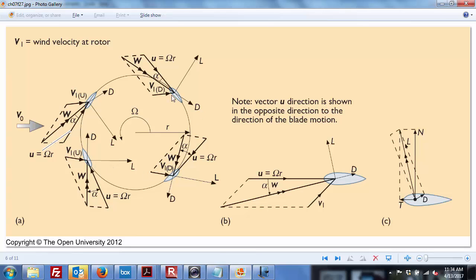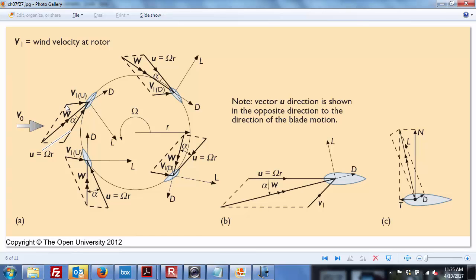At every single point along the circular path, the lift and drag coefficients change. This is the equation I just gave you, U equals omega R. They used big omega, I use small omega. This U is the apparent wind velocity.